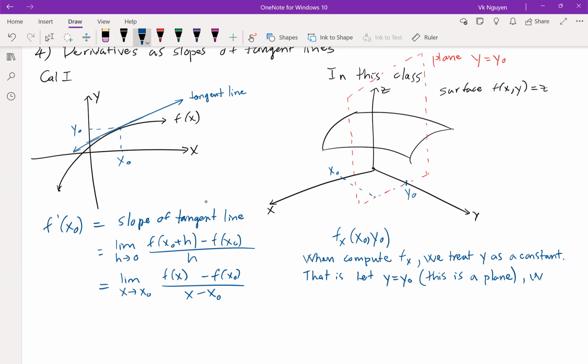We get f(x, y sub 0). This is g of x there, right? Because we treat y as a constant. So g(x), what is it? It's a curve on the surface. A curve on the surface is the trace. A lot of people call it a trace on the surface.